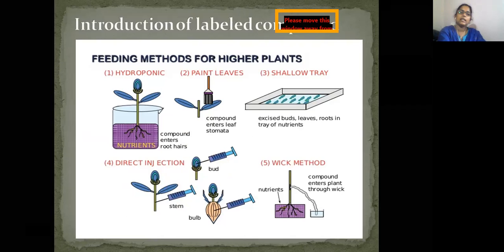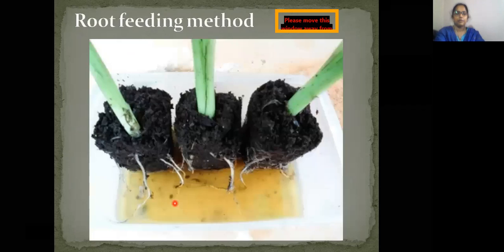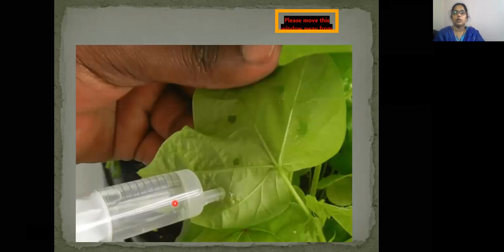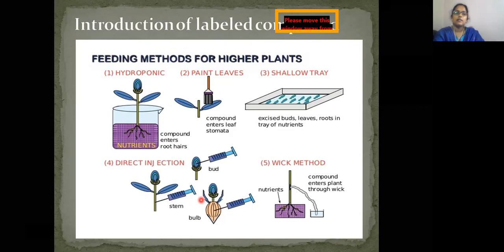Here you directly take the solution containing radio labeled compound in a syringe and inject the labeled compound into the stems, bulbs, buds or fruits. Woody stems are selected for this; we cannot inject it into the leaves. So this method can be used in case of buds, bulbs, and also fruits and stems. Here he is just placing dots on the surface of the leaves, but in direct injection you have to inject it into the stems, buds, bulb or fruits of the plant.